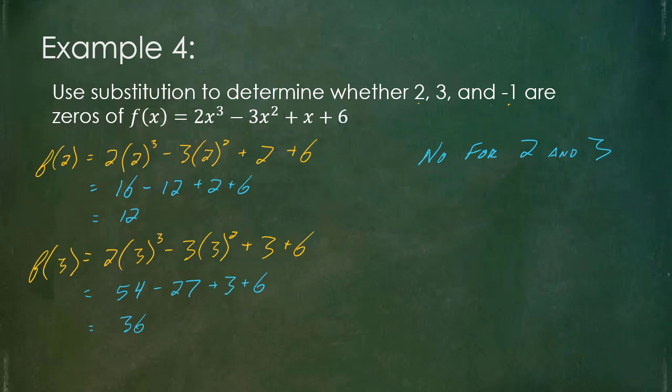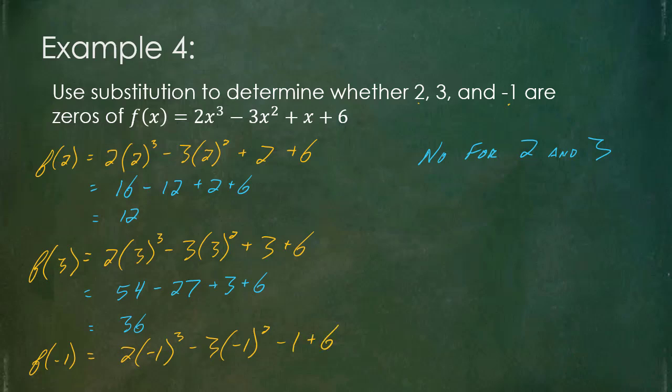We only got one more to try, f of negative 1, so this would be 2 times a negative 1 cubed minus 3 times a negative 1 squared plus a negative 1, so I'm going to go ahead and write that as minus 1, and then plus 6.